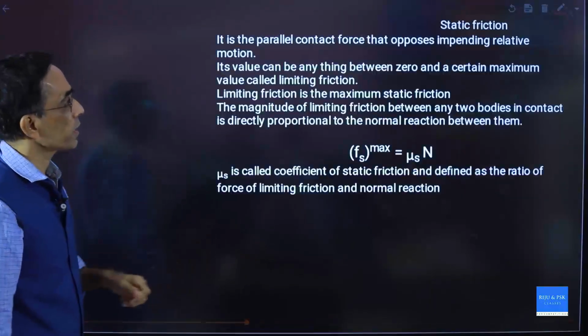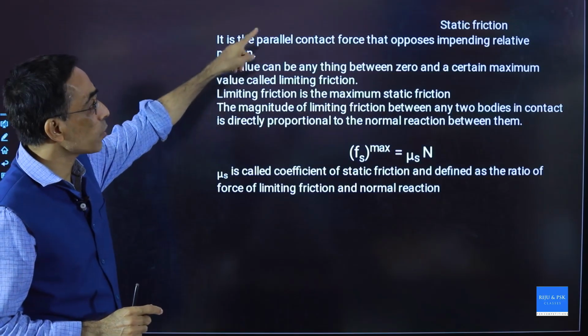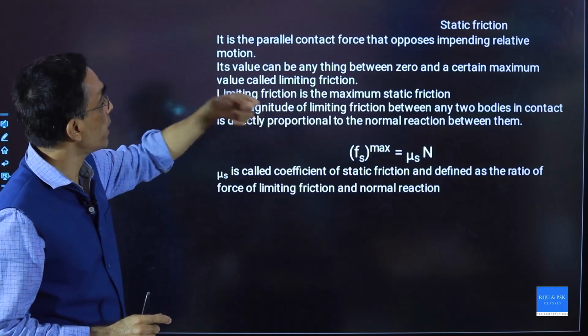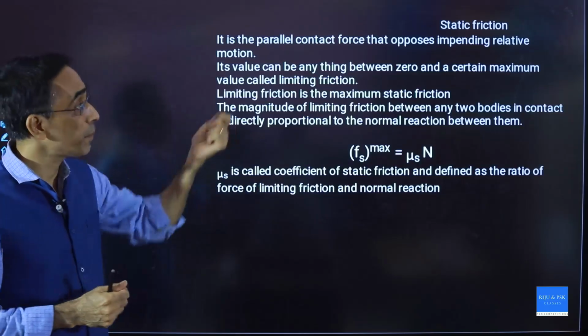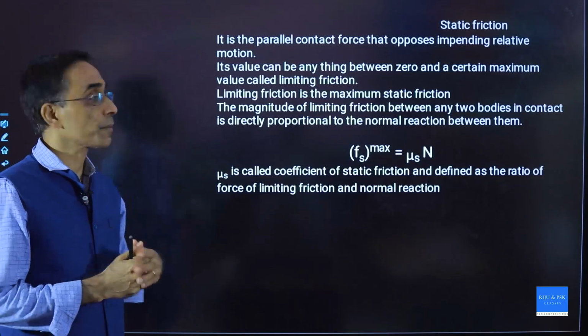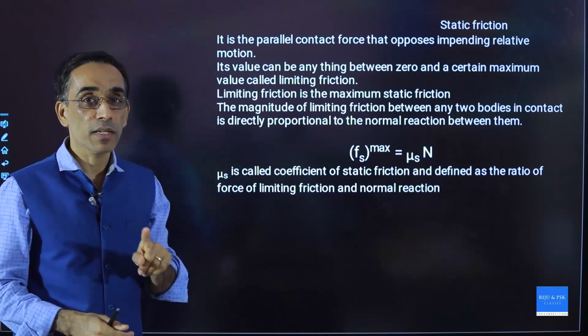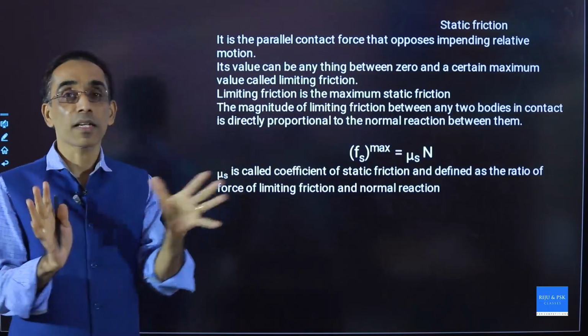Now more detail. What is static friction? Definition: it is the parallel contact force that opposes impending relative motion between two bodies. Impending means the possible relative motion, the tendency to move. Its value can be anything between 0 and a certain maximum.